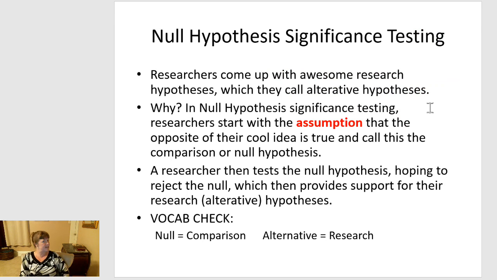And so let's explore that idea again. A researcher comes up with some awesome research question. And what they actually think is going on in the world is that groups are different. Averages are different.